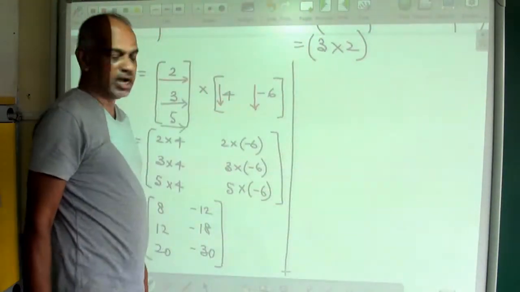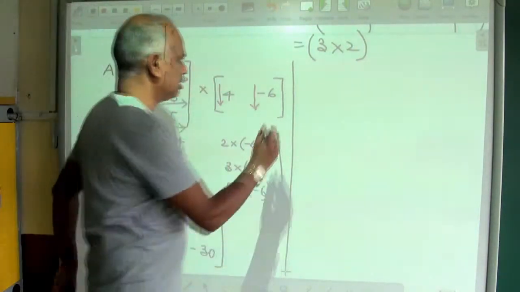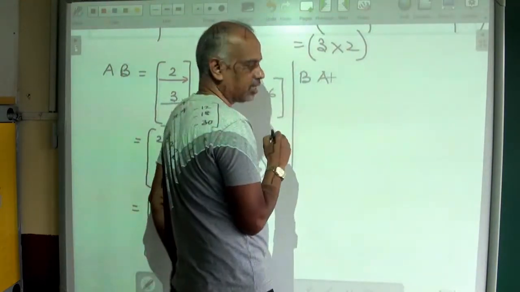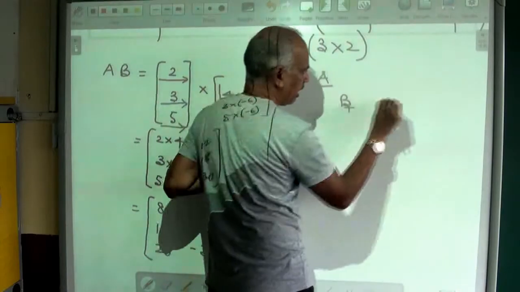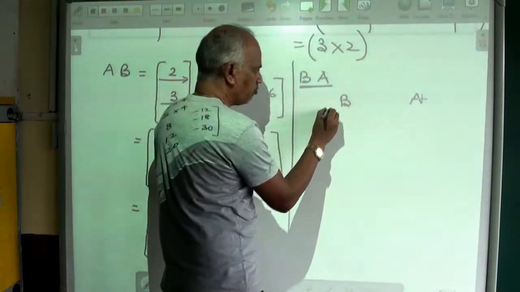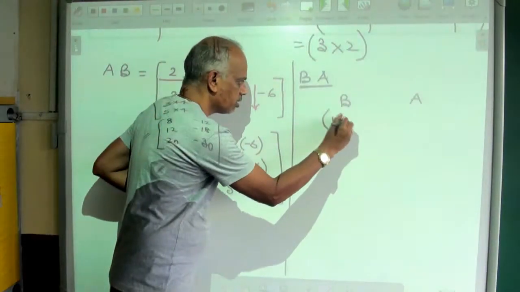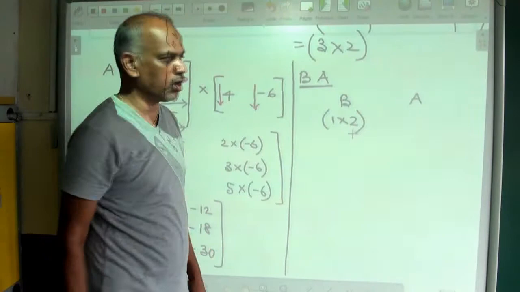Let's check whether we can multiply B with A. A with B was possible. Let's try it and see whether we can multiply B with A. Okay. So for that, let's take B and A. Order of B is 1 row by 2 columns.